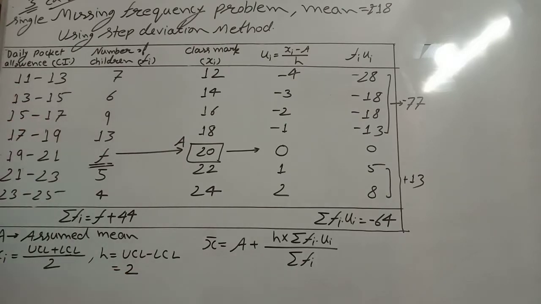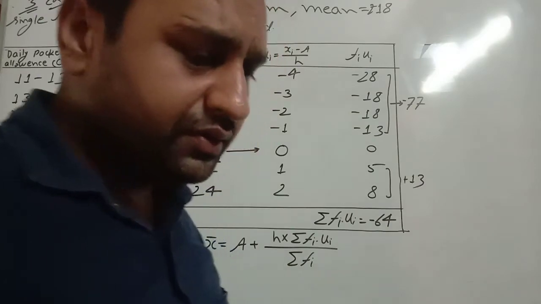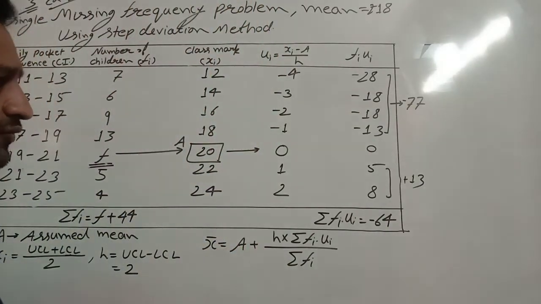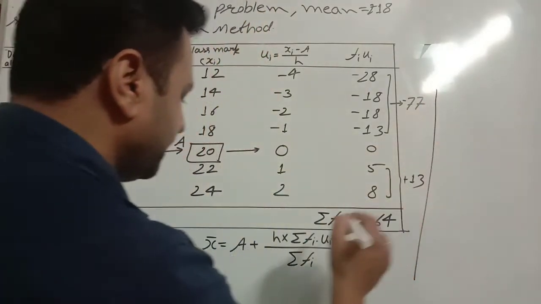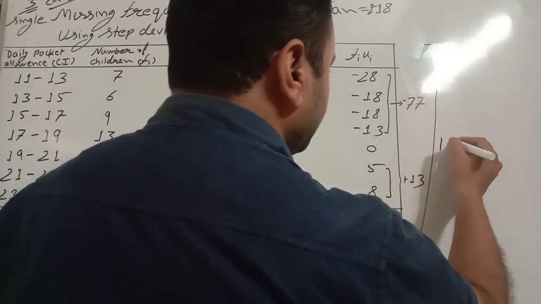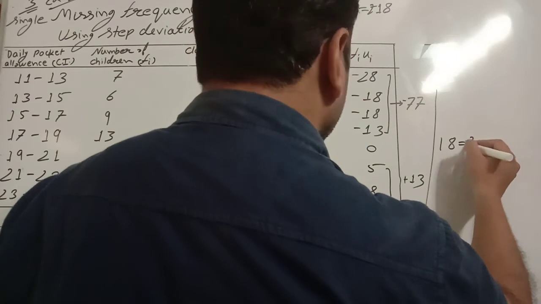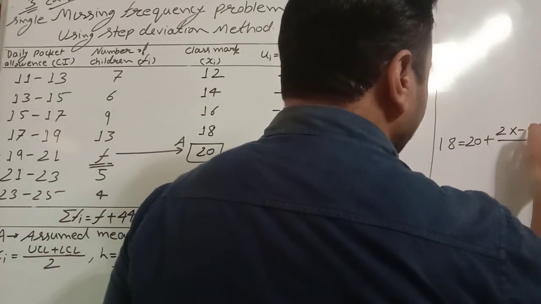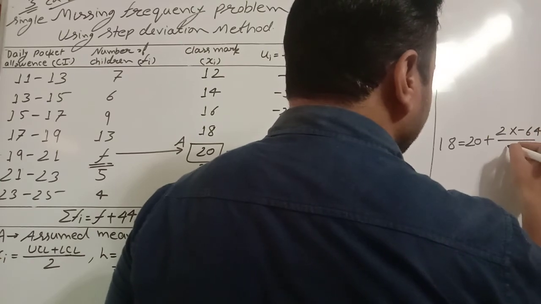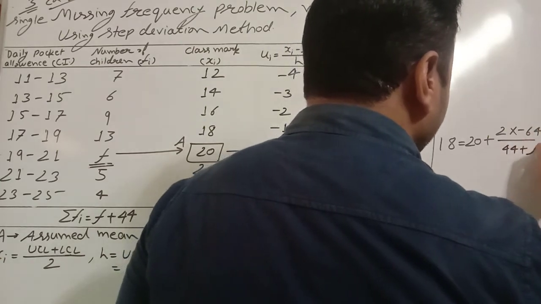Now put the values in the formula and we find the missing frequency. Mean 18 is equal to capital A 20 plus h, 2 multiplied by sigma fi ui upon sigma fi, 44 plus f.